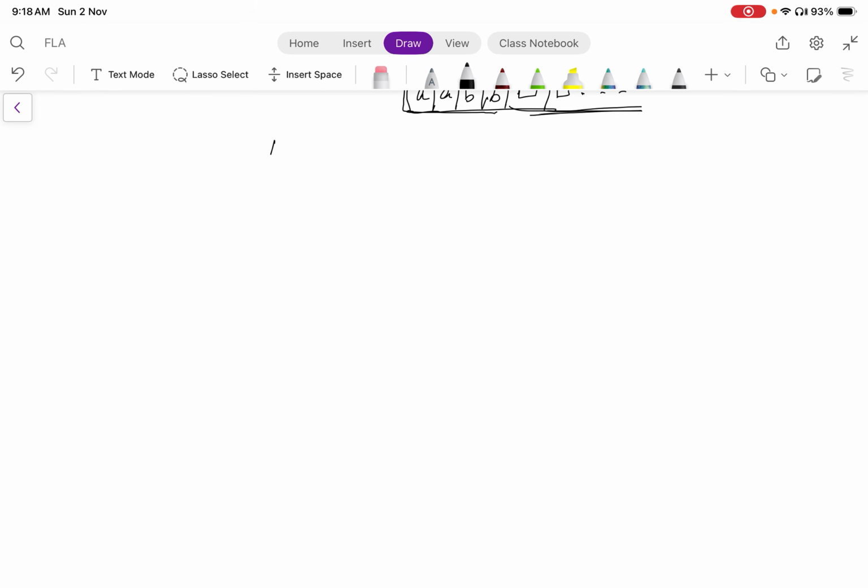The tape alphabets: in the same way, input symbols are represented using sigma. They can be 0 or 1, a, b, X, Z. These are all your tape alphabets. And we have a special symbol called blank in the Turing machine.